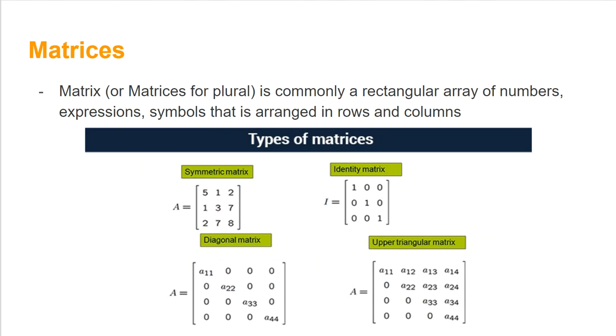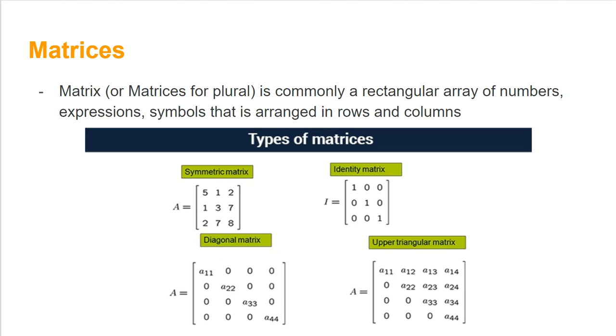Next, we have matrices. A matrix, or matrices for plural, is commonly a rectangular array of numbers, expressions, or symbols that's arranged in rows and columns. Here are a few examples of types of matrices. There's the symmetric matrix, identity matrix, diagonal matrix, and upper triangular matrix.